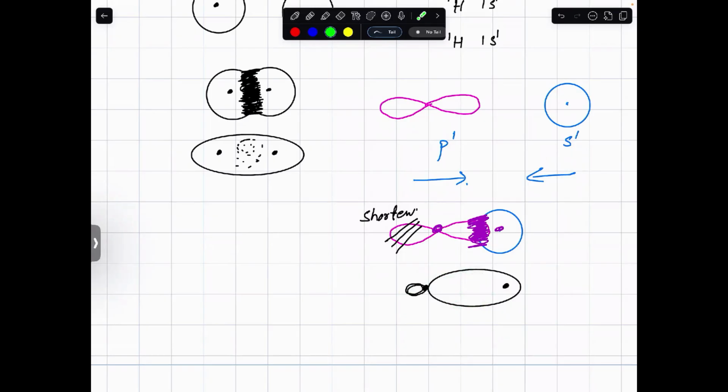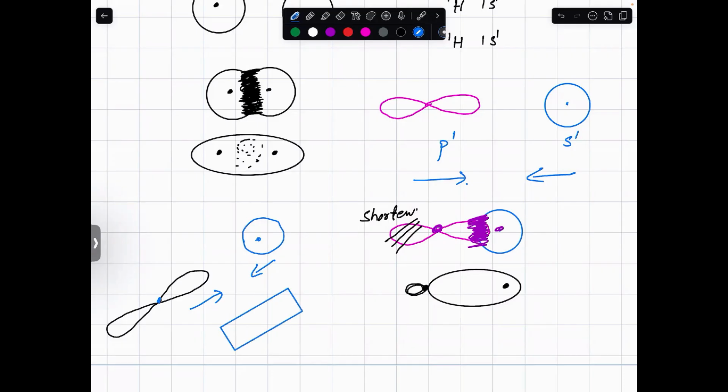Now, if the p orbital is this way, like it's py, and there is this s and they're coming closer to make a bond, how will you show this bond? It's like this. This is the nucleus.